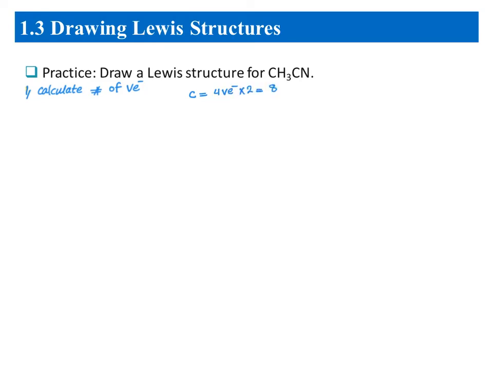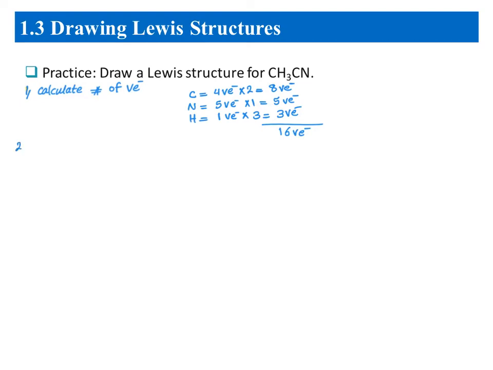We have 8 valence electrons for carbons. Nitrogen is in group 5, so it has 5 valence electrons, 1 of that. And then we have hydrogens. Hydrogen is in group 1, so it has 1 valence electron, 3 of that, 3 valence electrons. Now if we add up these numbers together, we are going to have 16 valence electrons for acetonitrile.